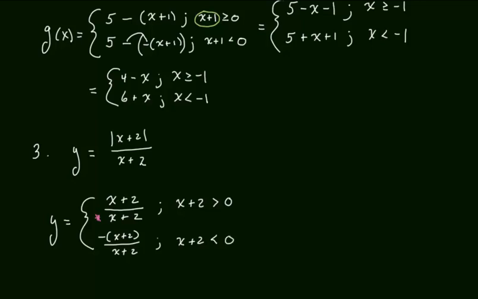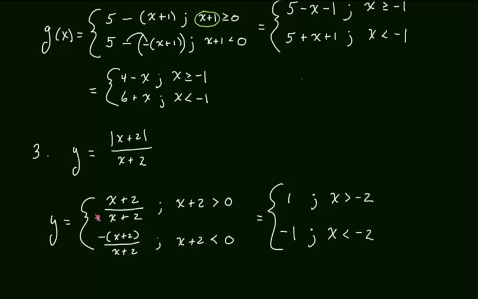There is no equal to 0 here. Simplifying this, x plus 2 over x plus 2 is clearly the constant 1, provided that x is greater than negative 2. And the second condition will be negative 1, provided that x is less than negative 2.